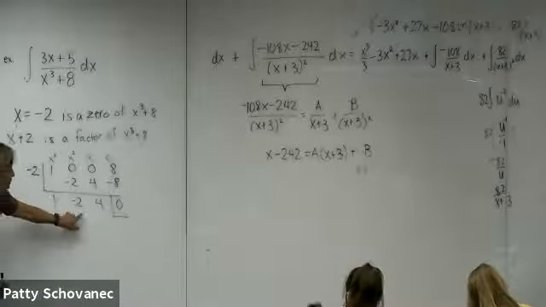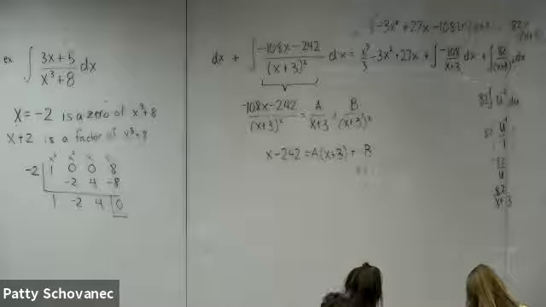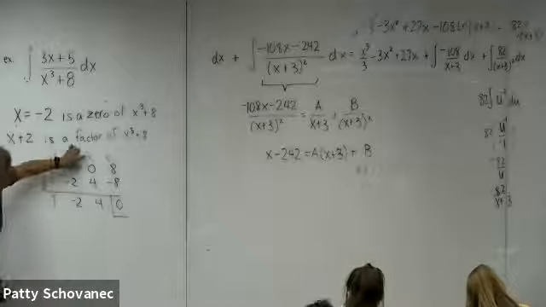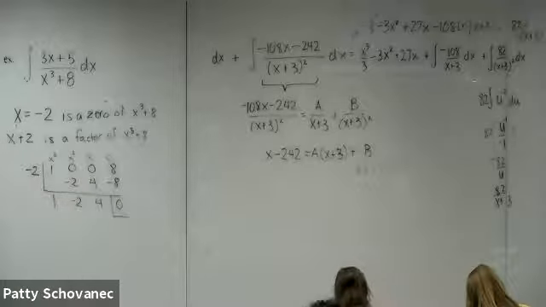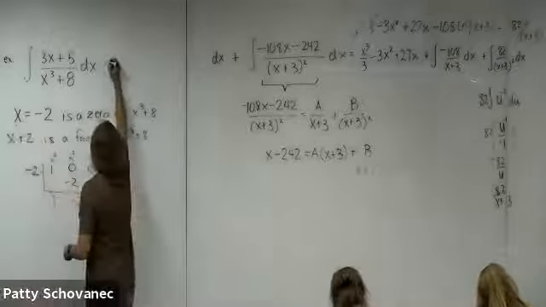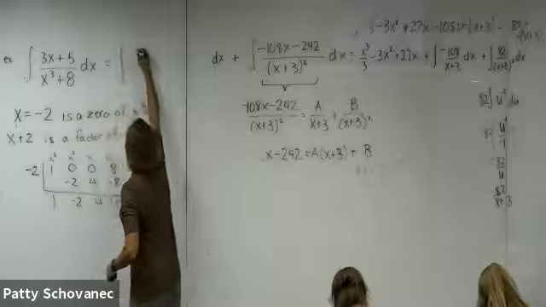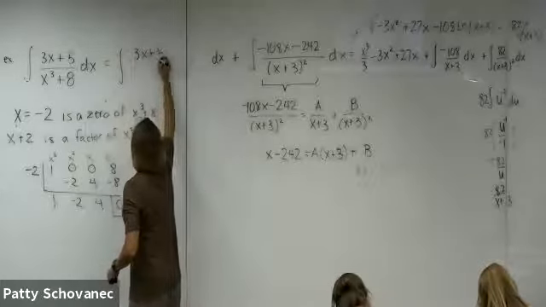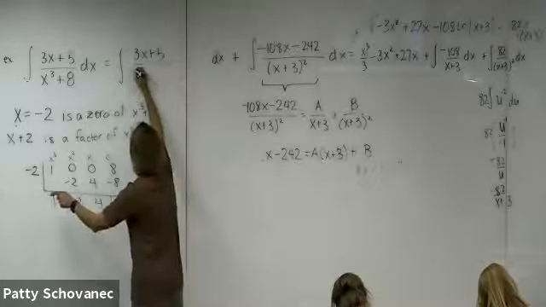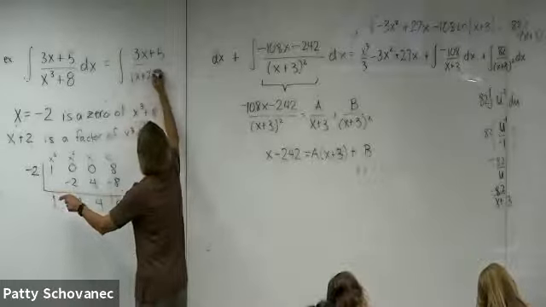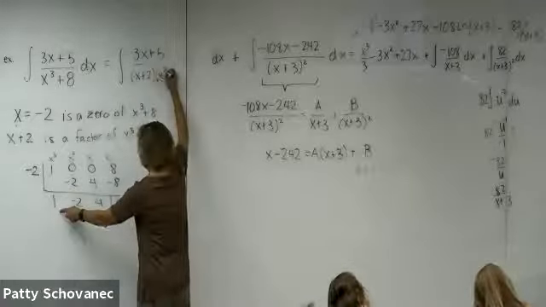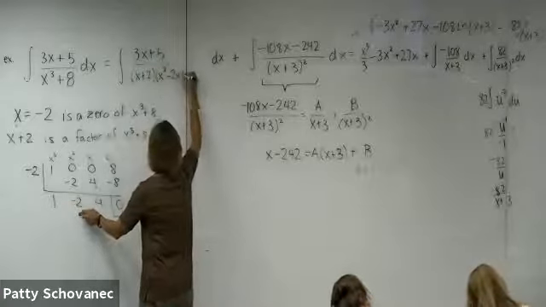And there's our other factor. That's exactly what you told me, isn't it? Yes. This is 1x squared minus 2x plus 4, the other factor. So I have an x plus 2 and 1x squared minus 2x plus 4 here.